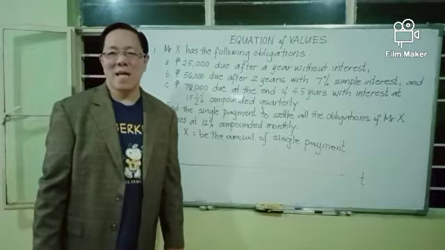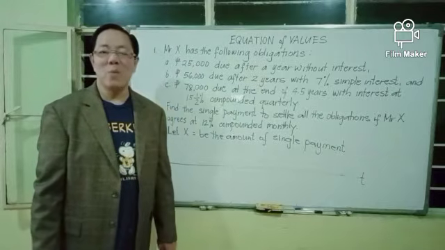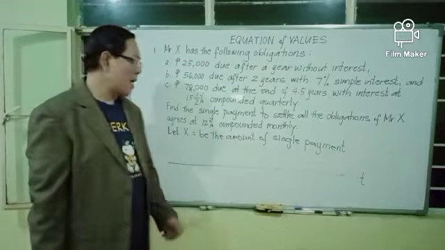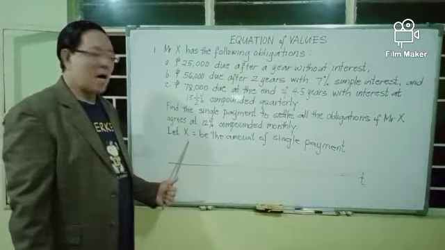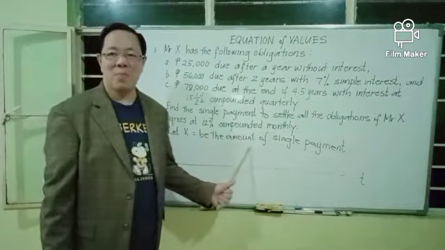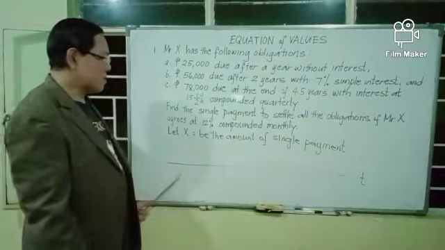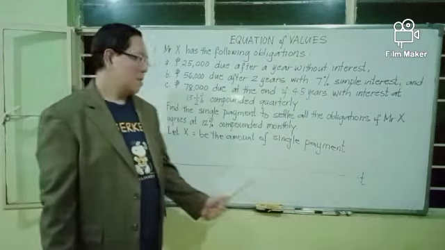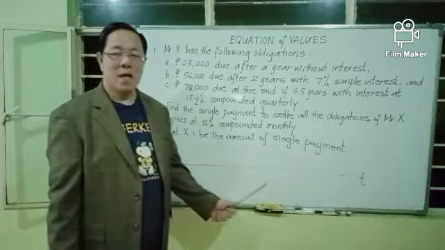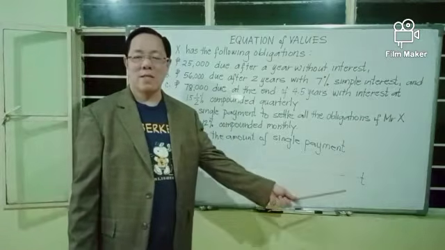To simplify the writing of the equation of values from which we will solve for X, the amount of the single payment that will settle all three obligations, we use a timeline. It's a horizontal line denoted by t.